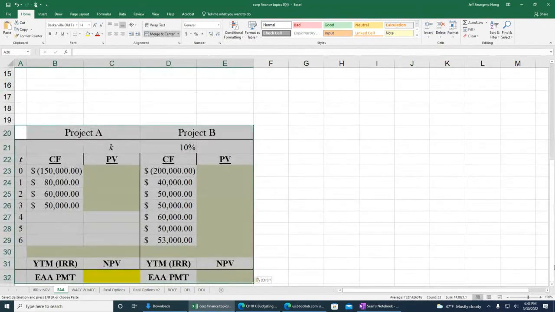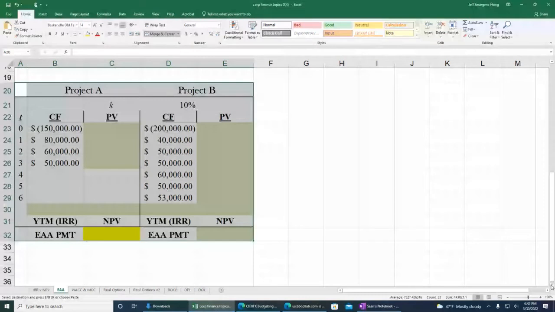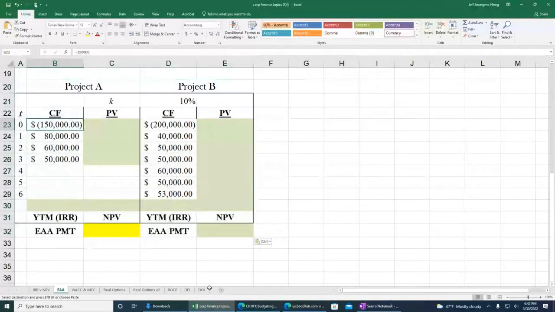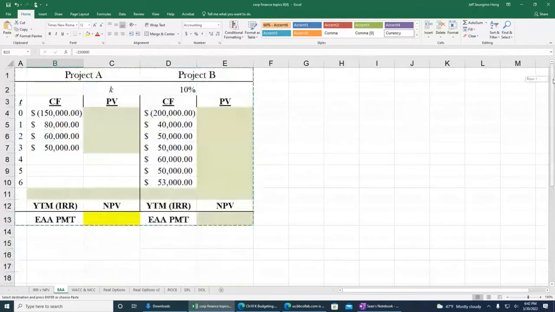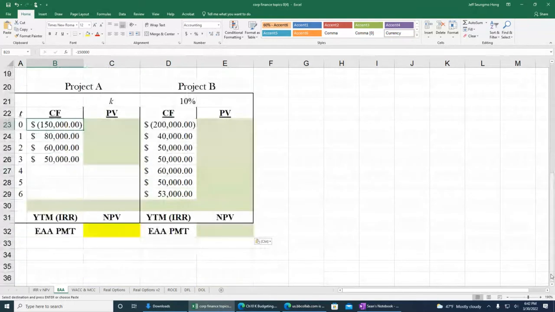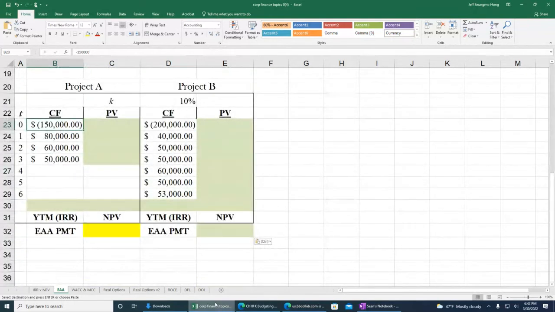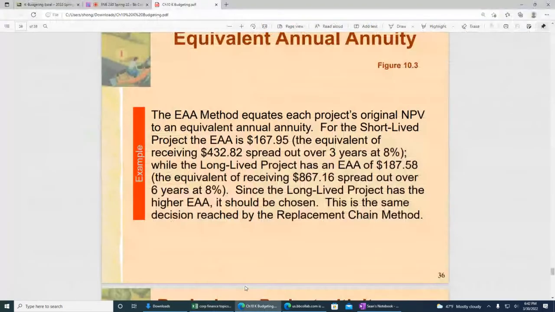I want to leave it as it is. So what was the 1,500?